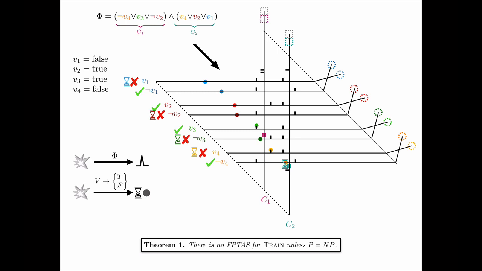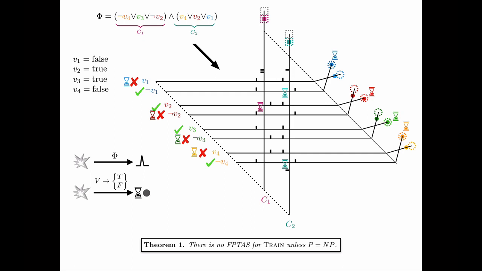And this in turn implies that each clause is fulfilled if and only if the train on the corresponding track has to wait for at most 2 time units. So here in this example, the train corresponding to C1 has to wait for 1 time unit, and the train corresponding to C2 has to wait for 2 time units, and that's it.